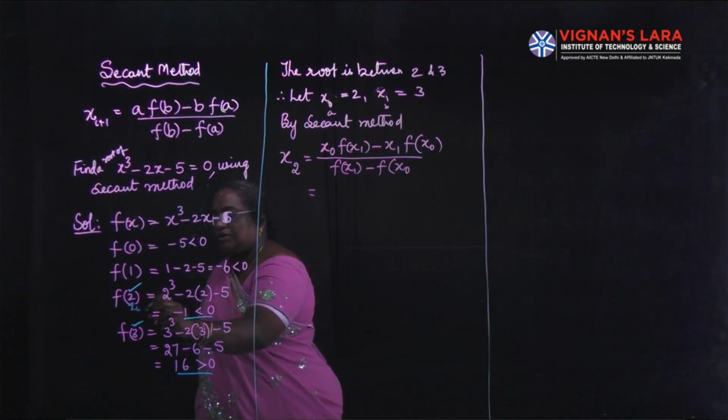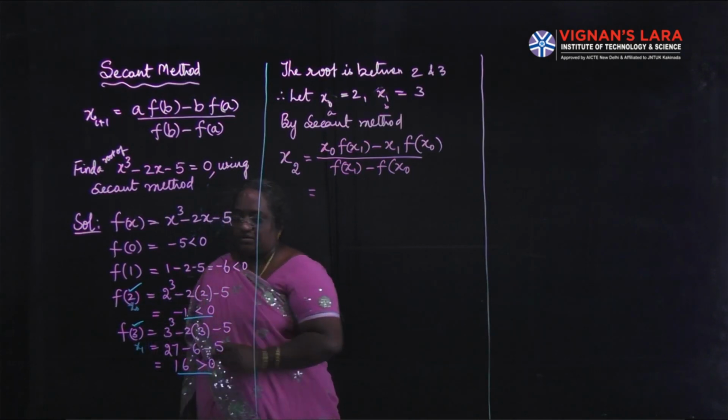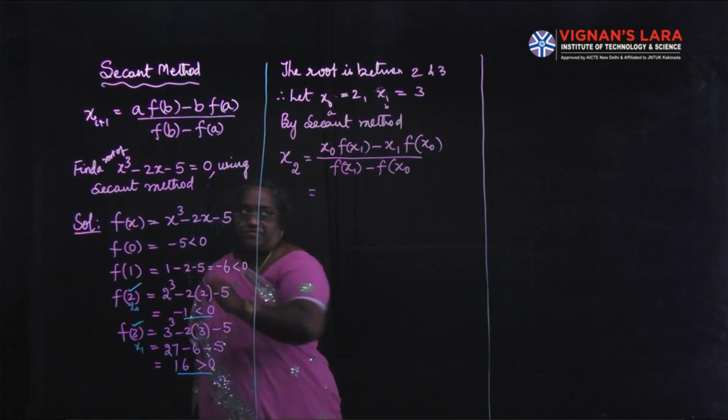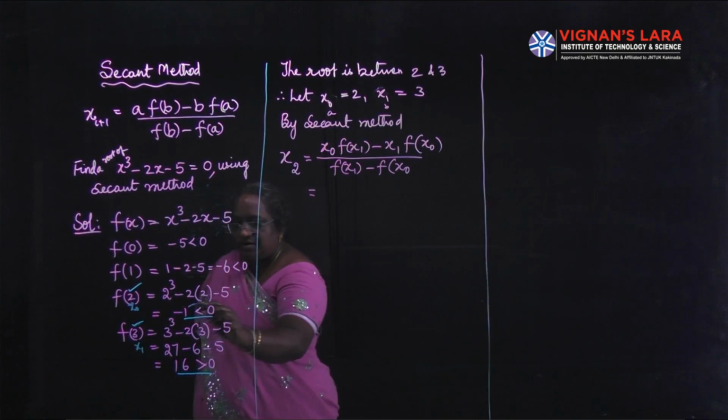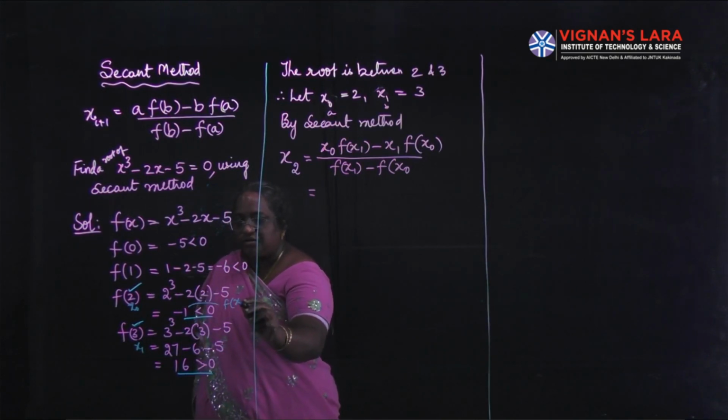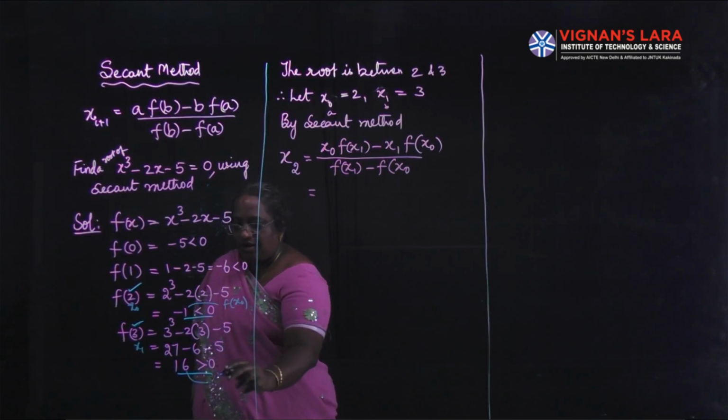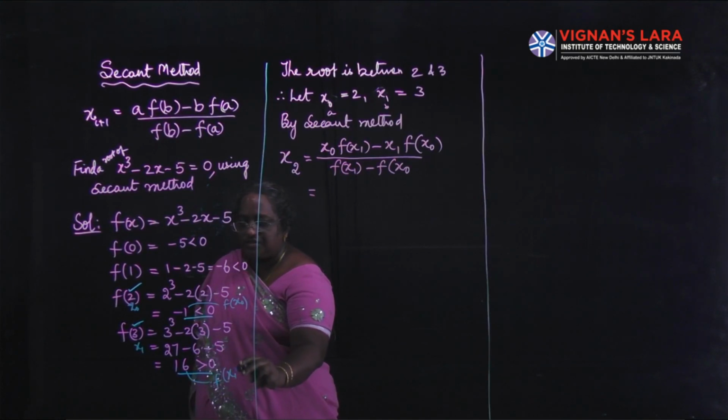This is x0. This is x1. And this comes f of x1, x0 and f of x1. So this is our f of x0 is minus 1 and f of x1 is 16.